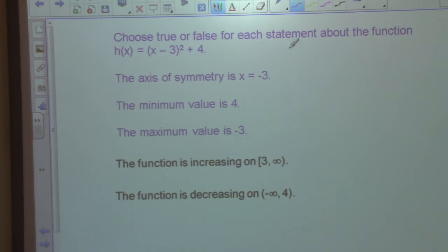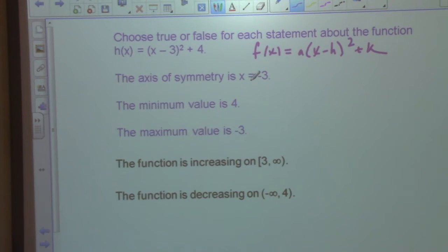Okay, what I do in looking at this thing is I kind of put down a standard form of this thing, standard vertex form, which is a times the quantity x minus h squared plus k. Okay, so the first statement here, the axis of symmetry is x equals -3.